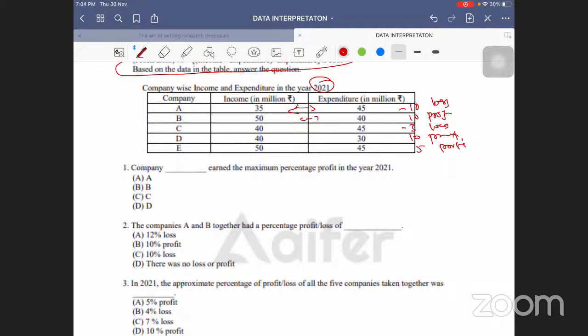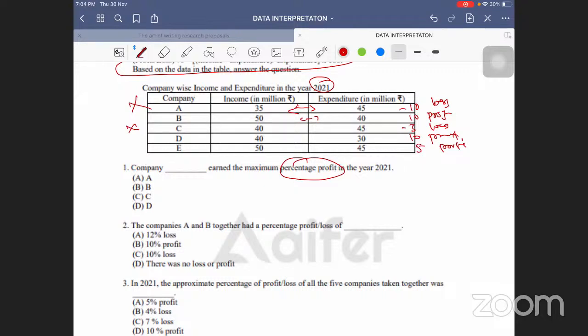Since they are directly asking for the maximum percentage, we can exclude A and C, which are losses. The remaining are B, D and E, and E has only 5% profit.